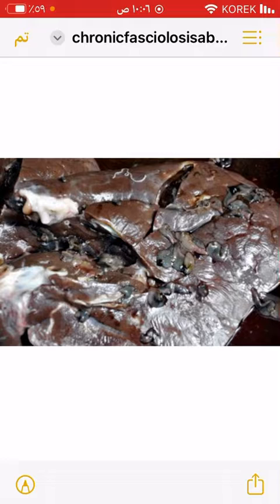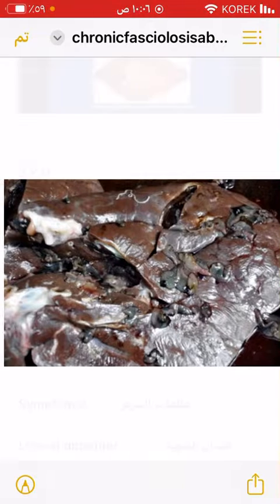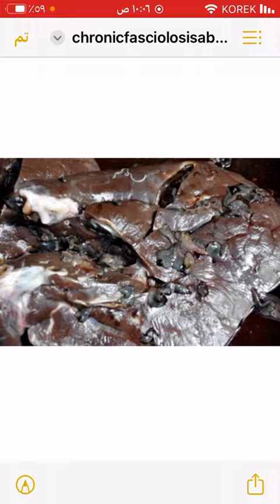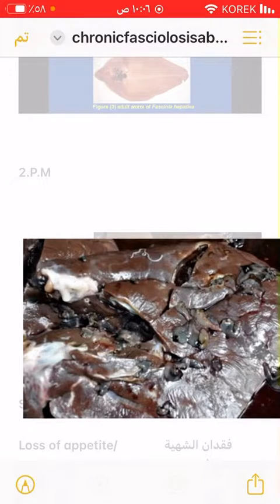In the report, you can write: enlarged liver plus adult worms of Fasciola hepatica seen. So this is how it looks, and it's very clear. We know that it's liver fluke. And one note, liver fluke may cause secondary bacterial infections, such as clostridial diseases in animals, and other bacteria.